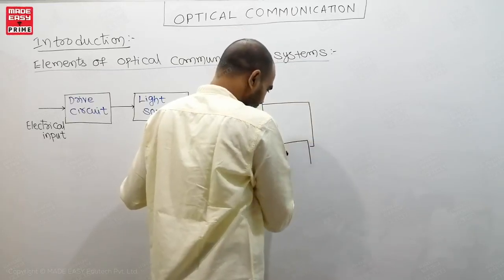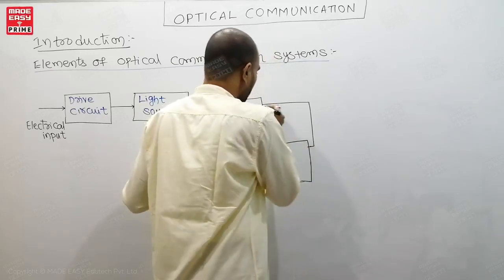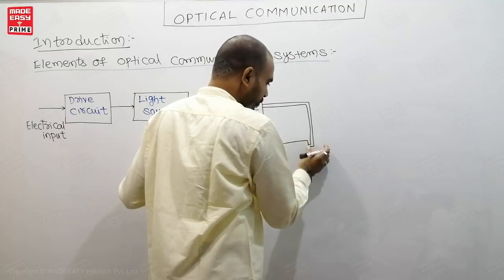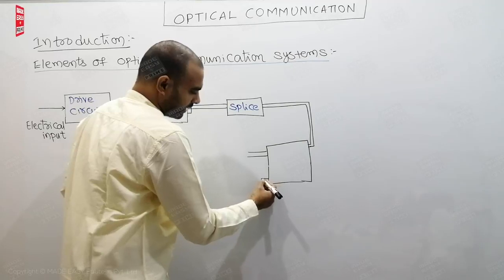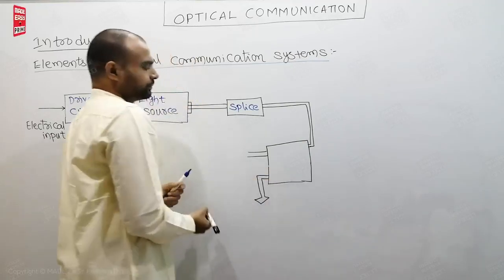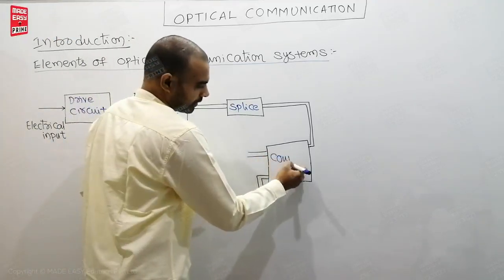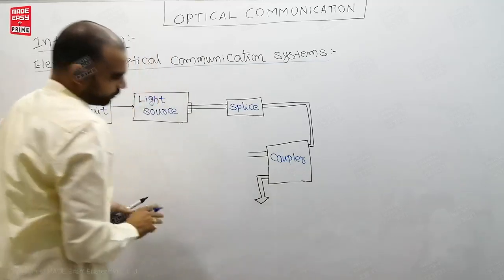A coupler is a device which can couple the optical energy to other circuits, or to a larger number of circuits. The output of the coupler's optical power is given to the other circuits.